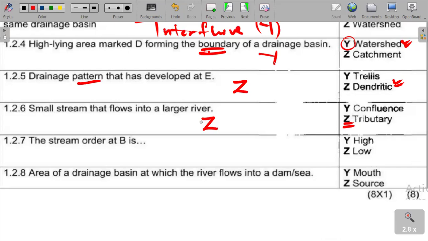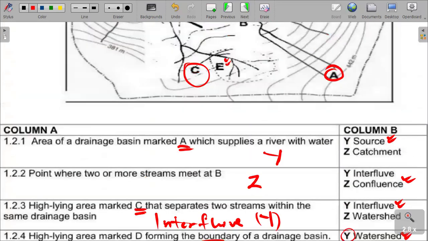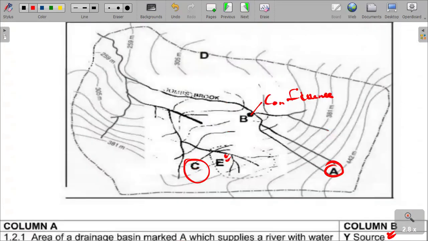And then the stream order at B. I'm sure I also had a video where I explained how to calculate stream order. Stream order is calculated according to the connection and interrelationship of streams within a drainage basin. First order streams get their own waters from the catchment area and are not fed by any other streams.